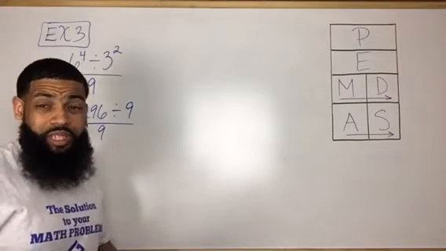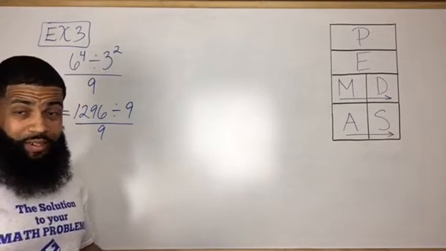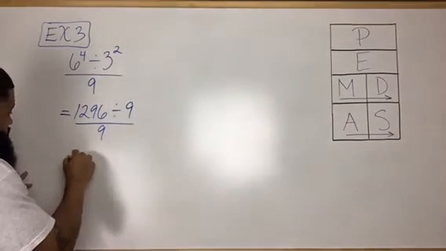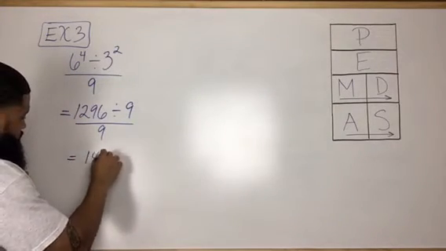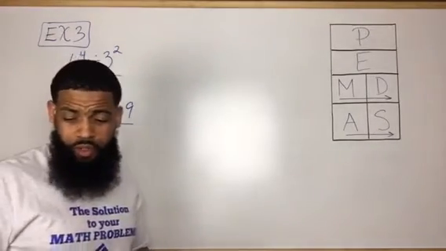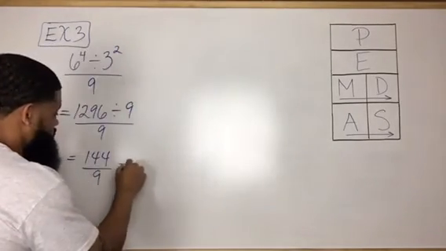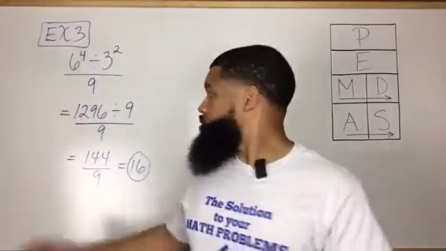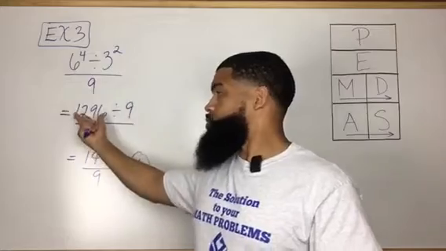All right. Now 1,296 divided by 9 is going to actually equal 144 over 9, and 144 over 9 is actually equal to 16.